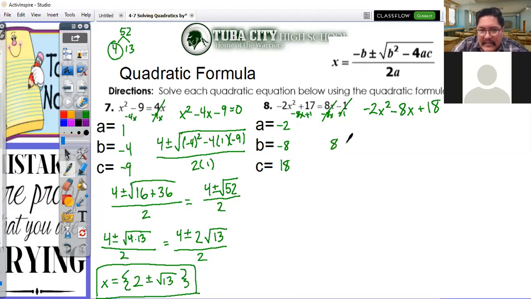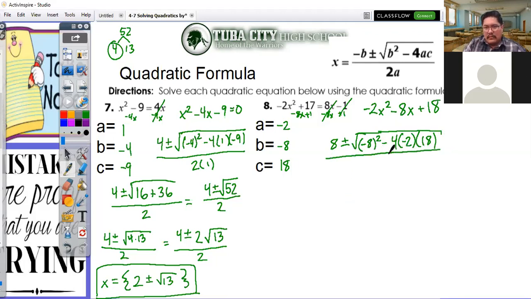Negative b is 8 plus and minus square root of b squared. So negative 8 squared minus 4ac, all over 2a.